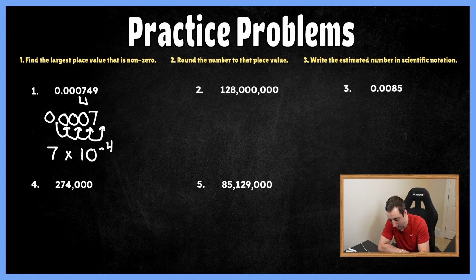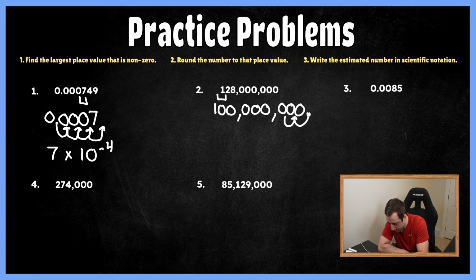So we have 128 million. We find our largest place value, which is a 1. This is not going to round to a 2 because the number behind it is not 5 or larger. So we have 100 million that we're working with. We then need to convert this to scientific notation. So let's move that decimal point. Again, it's at the end if you don't see it, and get into that range.